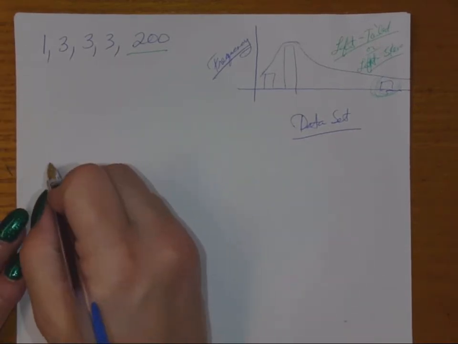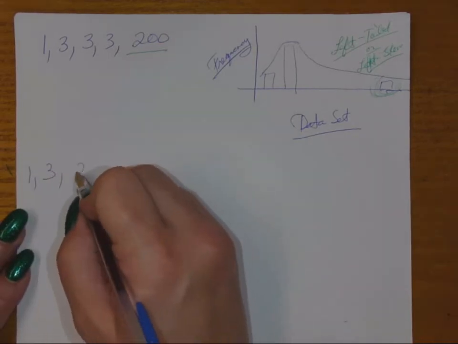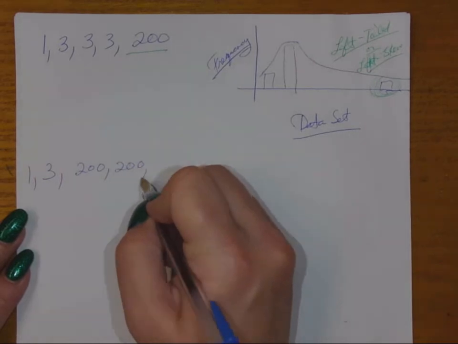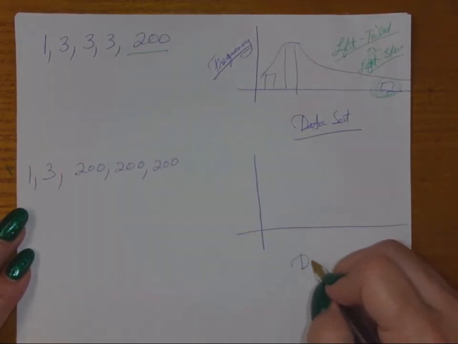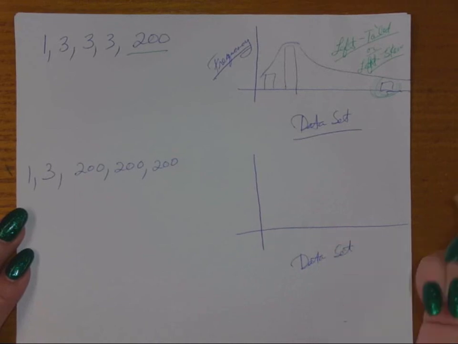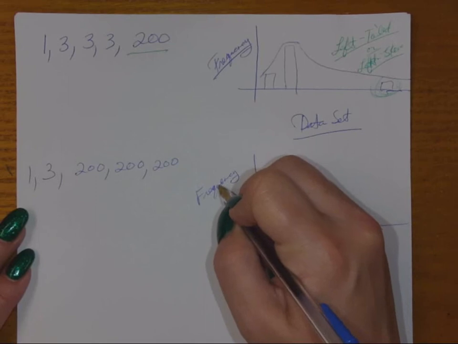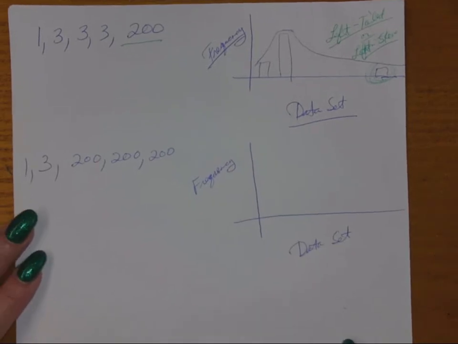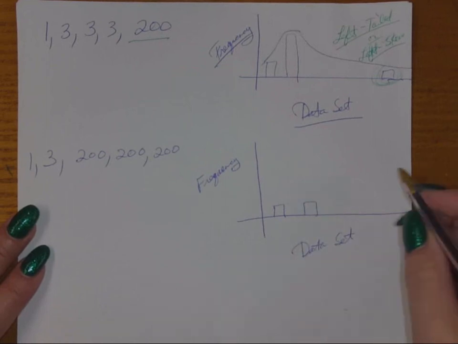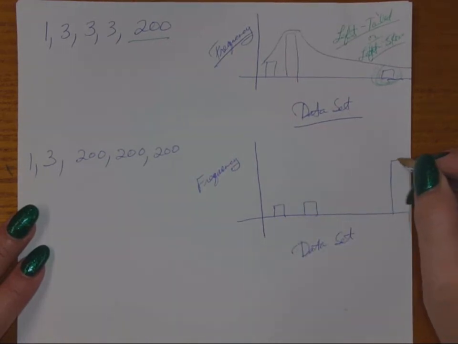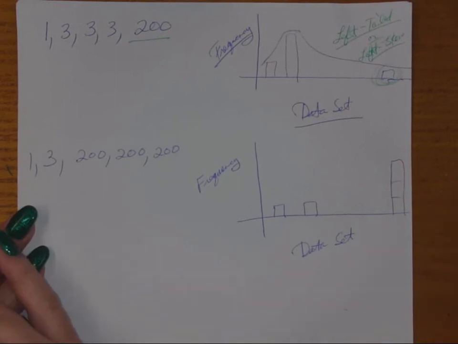And the opposite, of course, would be, well, what if there was a 1, a 3, a 200, a 200, and a 200? So that's basically just the opposite of what we just did, right? So play with that for a second. Sketch it out a little bit. See what you think is going to happen. A 1, a 3, and then way out here, the 200 is the one with the 3 occurrences, right?